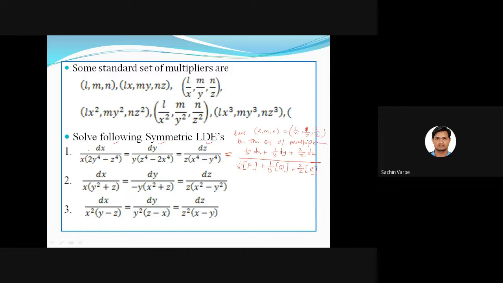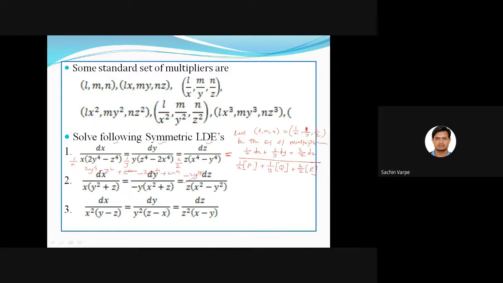You can see here this x gets cancelled, y will get cancelled, z will get cancelled, and the 2 as well. So when it gets cancelled, what is left? 2y raised to 4 minus z raised to 4 plus z raised to 4 minus 2x raised to 4, and from here plus 2x raised to 4 minus 2y raised to 4, right?